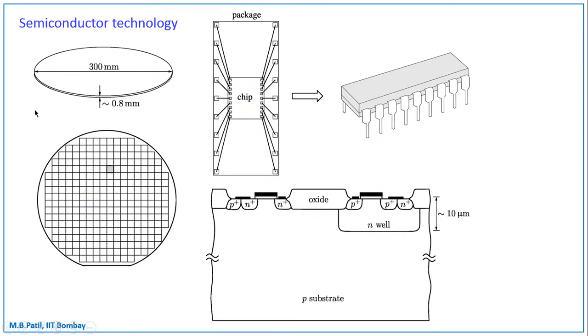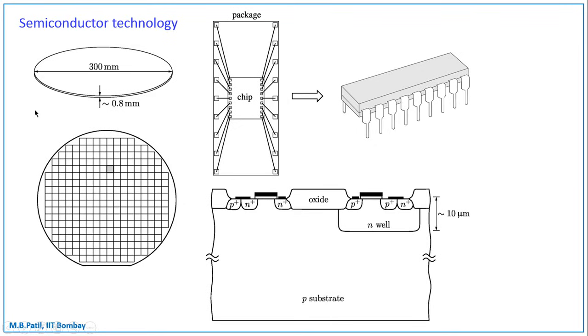In the next few slides, we will try to get a glimpse of semiconductor technology. This of course is a vast subject, and people have courses, 1 semester long courses on this topic, but we will only take a quick look to get an idea.